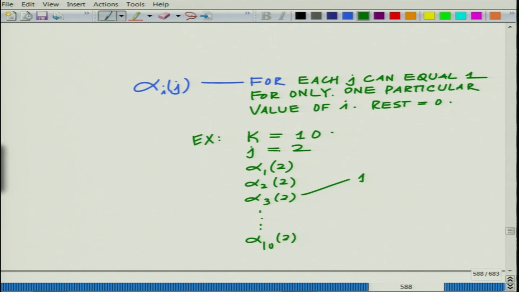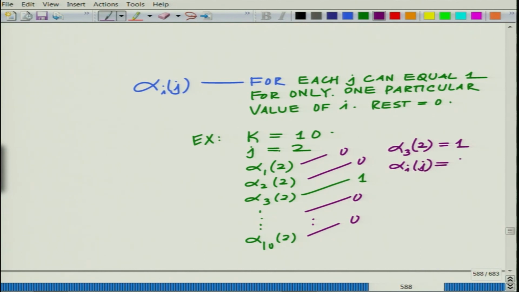This implies alpha 3 of 2 equals 1, and alpha i of 2 equals 0 for all i not equal to 3.